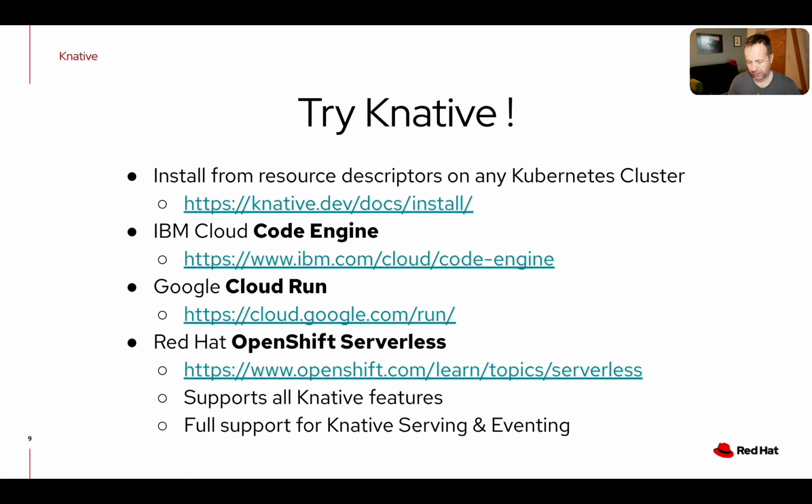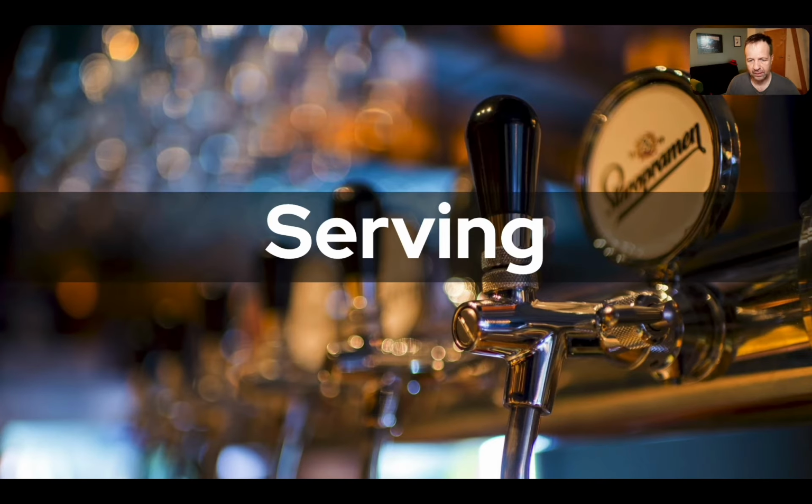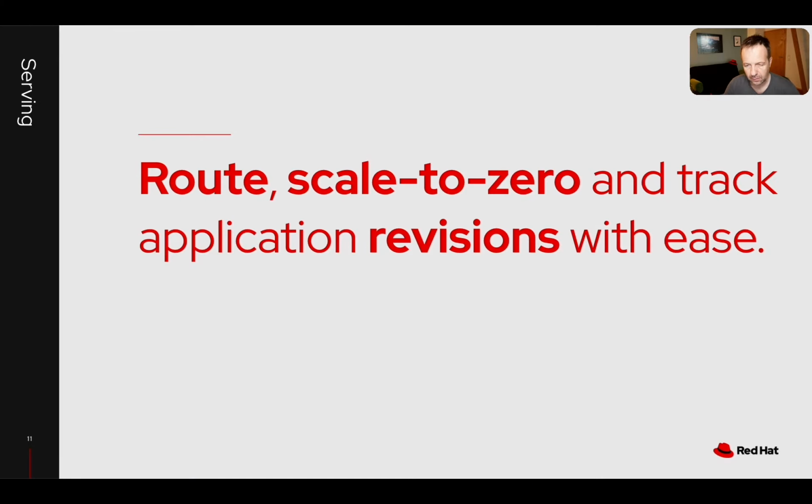Okay, now we have set the context. Now let's see, what is this Knative serving? So let's start with serving. Serving is really all about scaling, auto-scaling, about routing, and about creating revisions for your application changes. What does this mean?